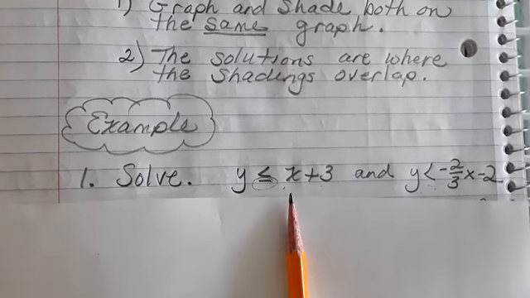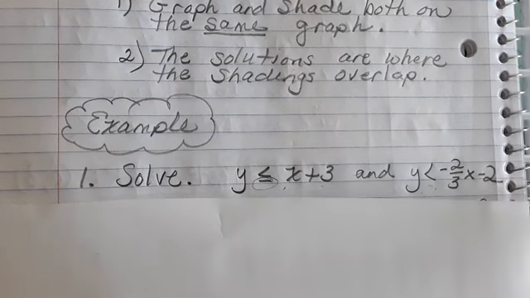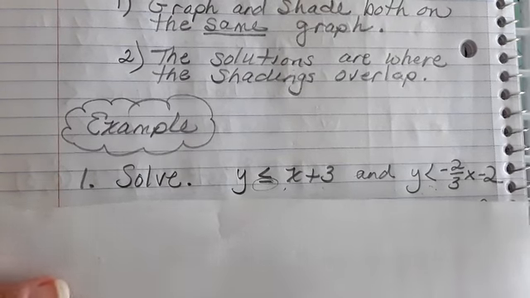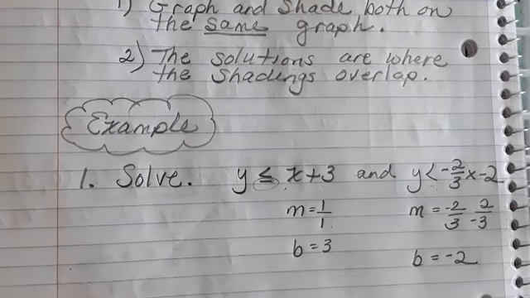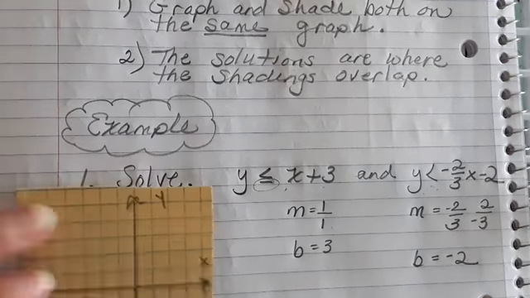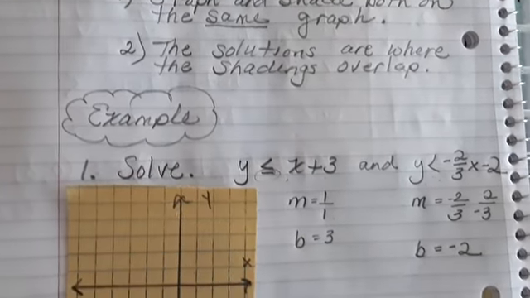All right, on this first inequality, what's our slope? 1. What's our y-intercept? Good, 3. Second one, what's our slope? Negative 2/3. And our y-intercept? All right, so we've got our m and b. So now we need to see how these look on graph paper.